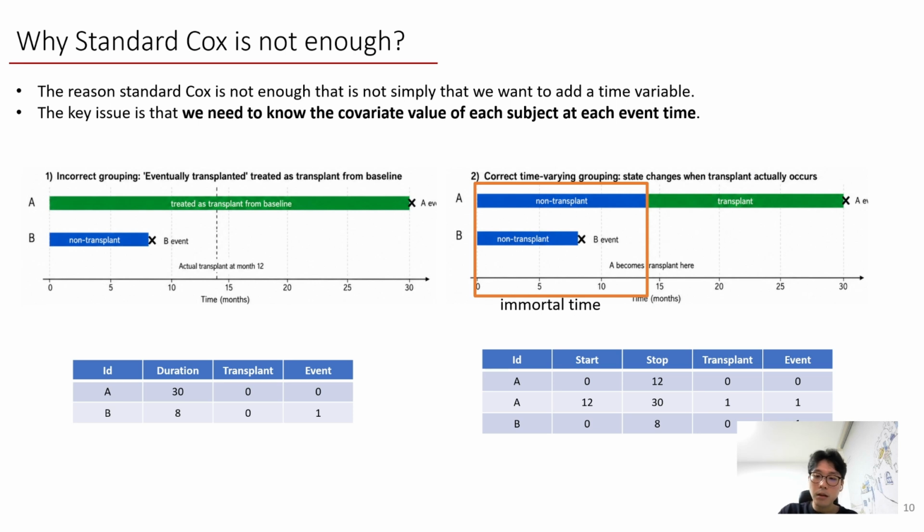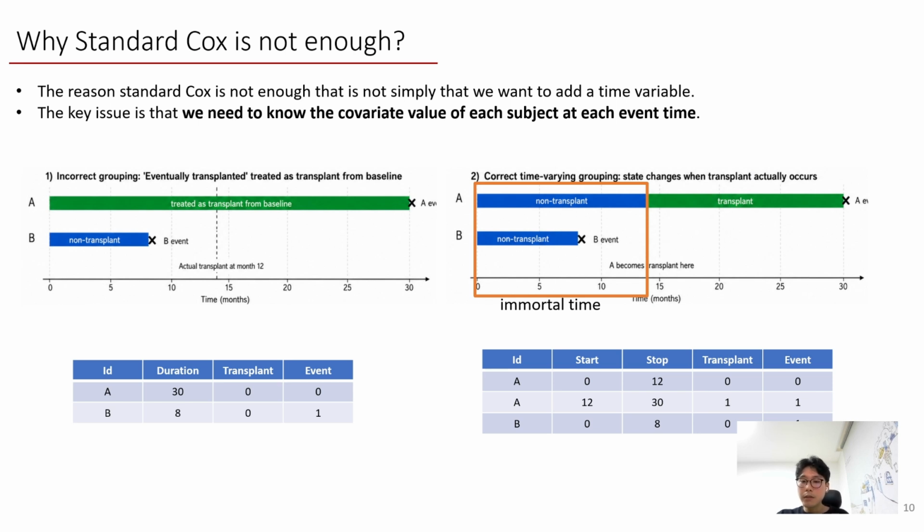If we fit a standard Cox model with this incorrect grouping, the transplant group may appear to survive artificially longer. In contrast, the non-transplant group may include patients who died before they could receive a transplant, so the hazard in the non-transplant group can be overestimated.